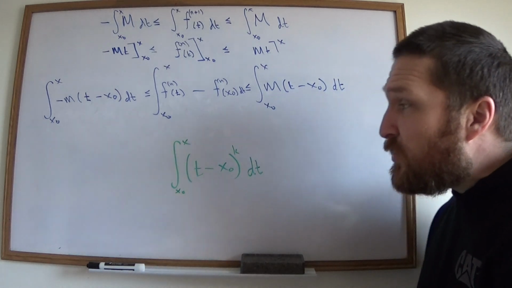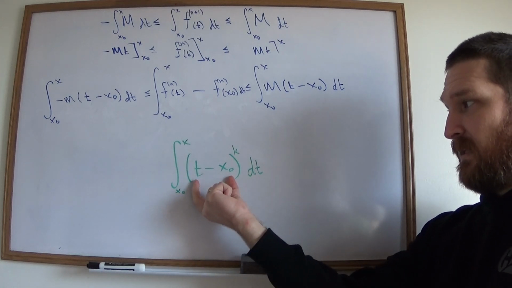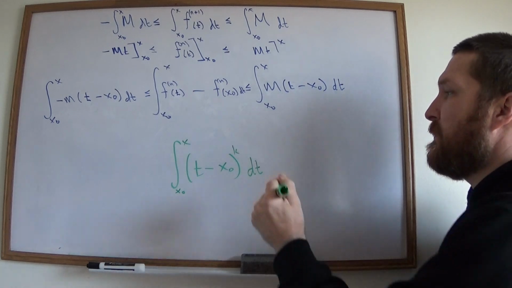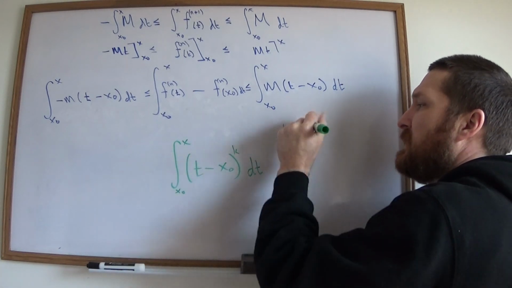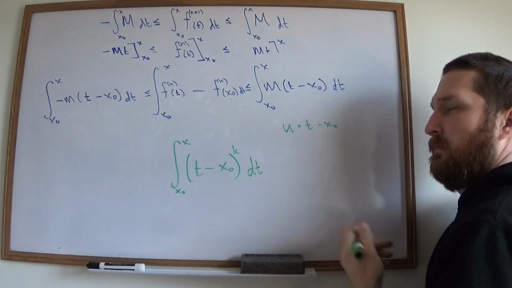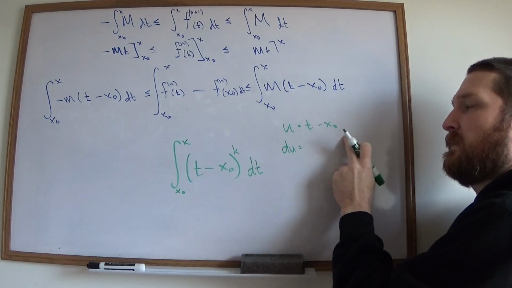Okay, one thing you might do is a u substitution, because you see that there's something inside of something. So the u is the inside stuff, t minus x0. Then what's du? Well, du is the derivative of this with respect to t.